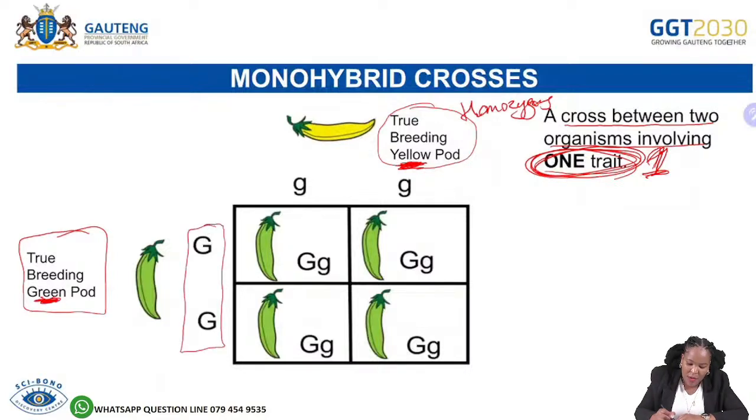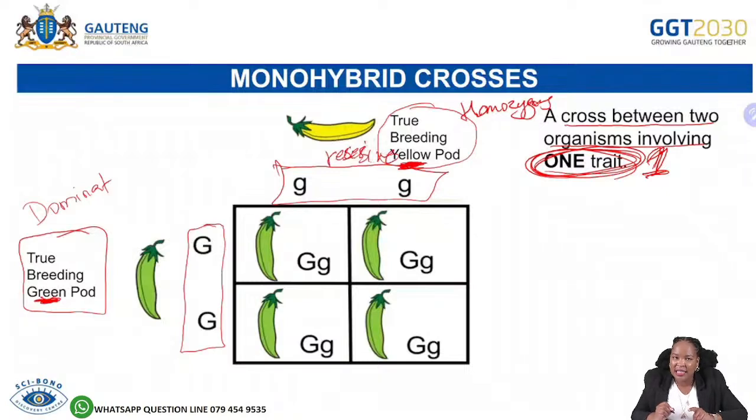This is what they mean by true breeding. Hence, I say you need to be able to read the questions nicely. So then we know that in this case, green is dominant. Very important. You need to establish which one is dominant, which one is recessive. So yellow is recessive.